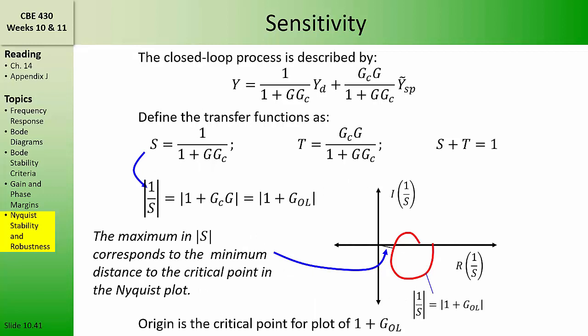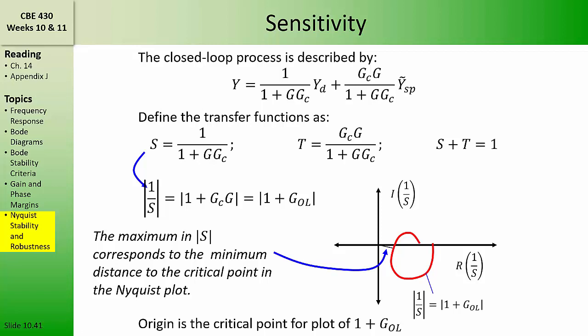Now, the sensitivity function is related to the distance between the Nyquist plot and the critical point on the Nyquist plot, which occurs at the point -1, 0 in the complex plane. The absolute value of the reciprocal of the sensitivity function is the absolute value of 1 plus GCG, or the absolute value of 1 plus GOL.